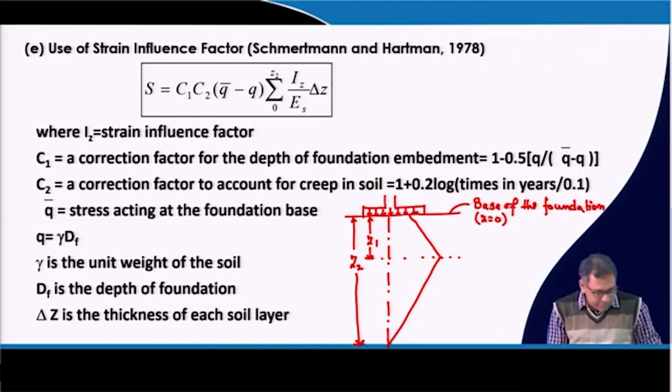Okay. So, now how will we get the Z1 and Z2 and how will we get the Iz value?